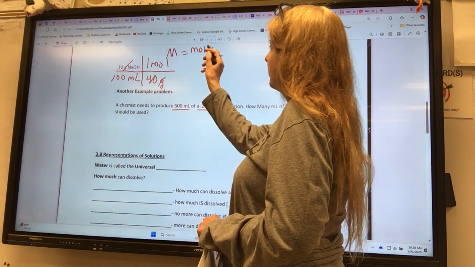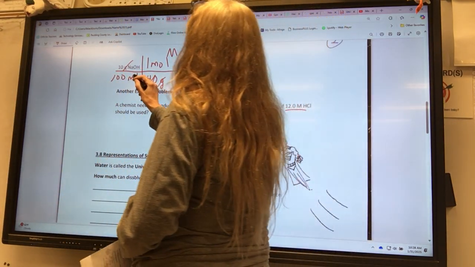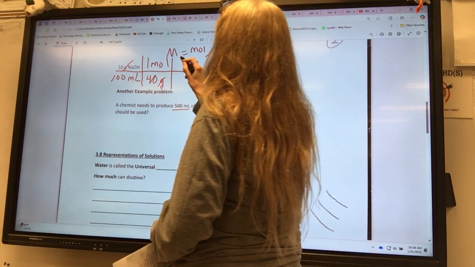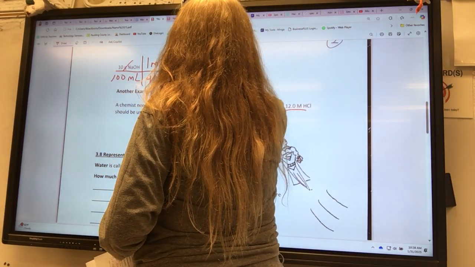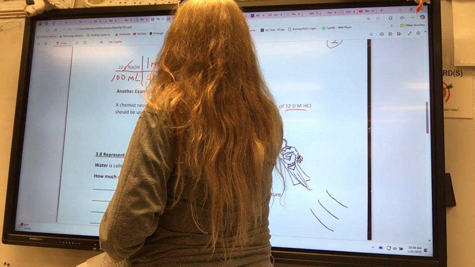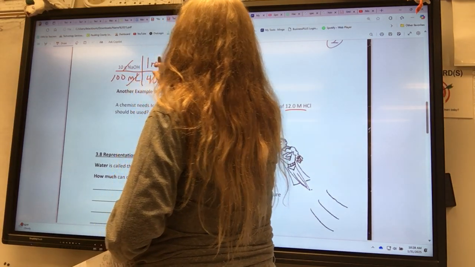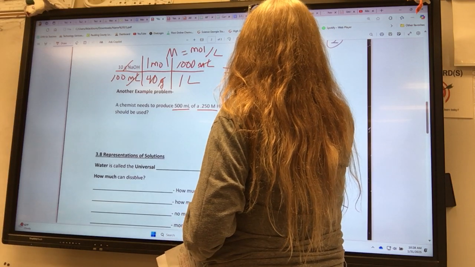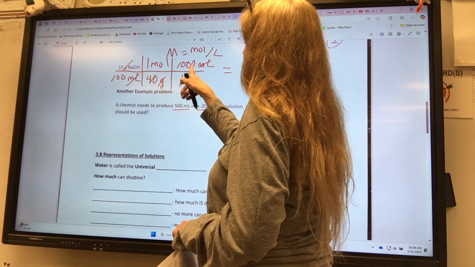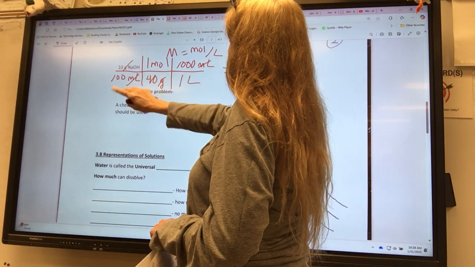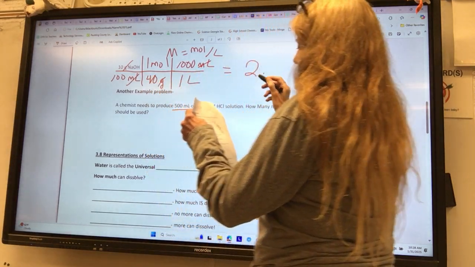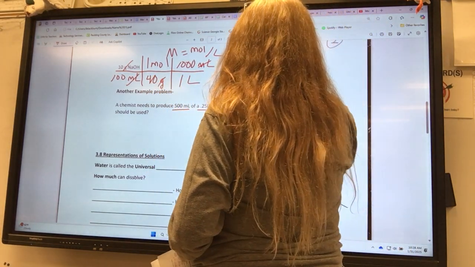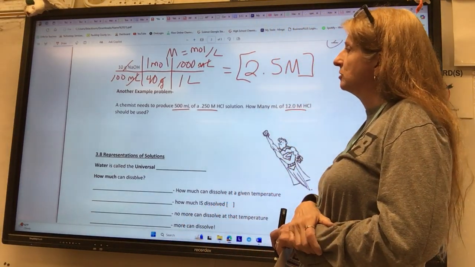We've got moles in the numerator the way we want, but we have milliliters in the denominator, so let's change those. 1,000 milliliters equals 1 liter. Milliliters cancel out, and I'm left with moles per liter, what I'm supposed to have. So when I do my math, 10 times 1,000, divide by 100, enter, divide by 40, enter. I get 2.5 is my concentration, put it in square brackets.